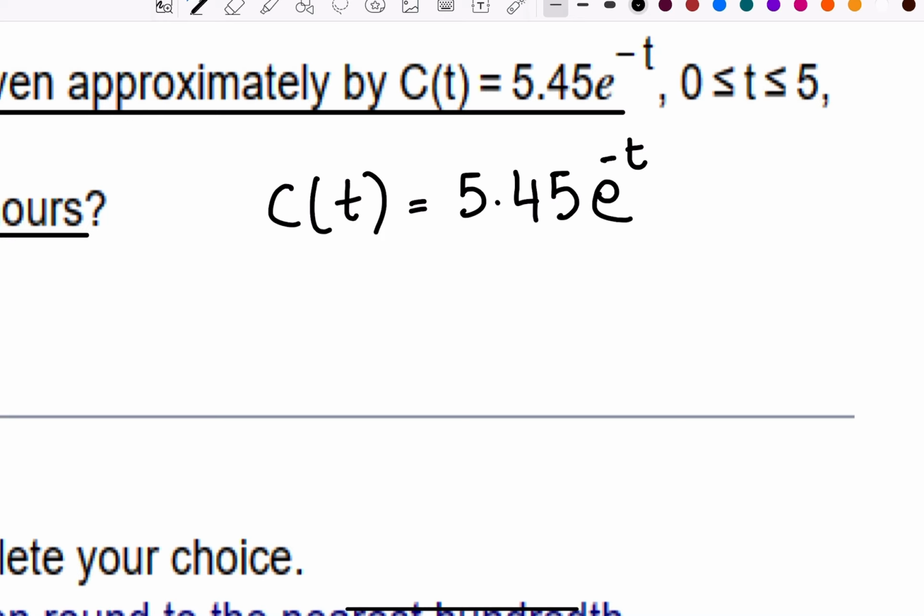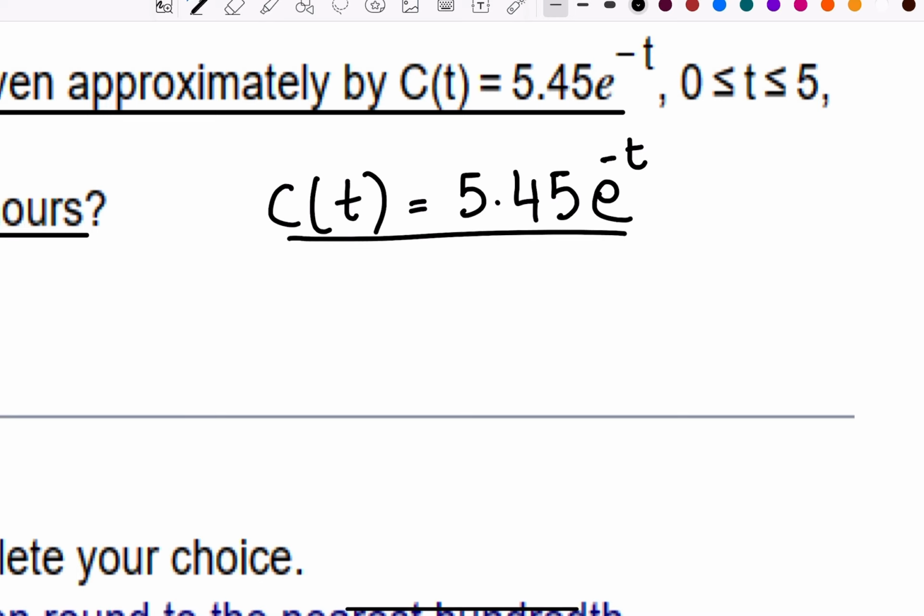The drug kind of wears down in the bloodstream as time passes. If you take Tylenol, the power of the Tylenol kind of reduces after 8 hours. If you take ibuprofen, that's the way the drug works inside the bloodstream, right? And I don't know what drug they're talking about, but the way they monitor or check the drug concentration is by this formula.